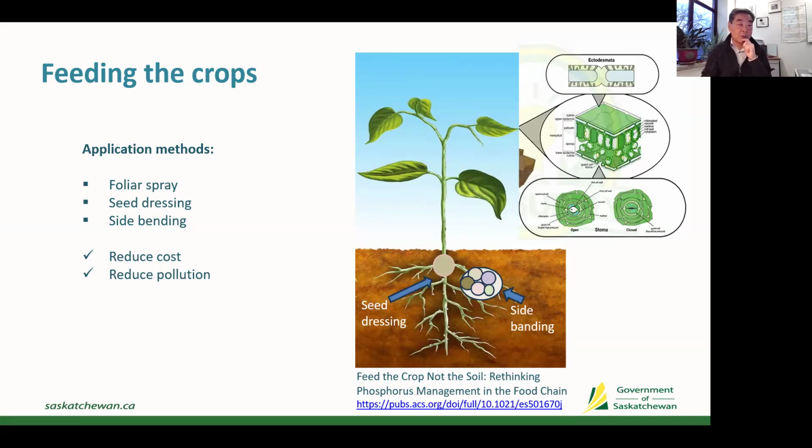access those nutrients. Or you could use a seed dressing or side banding where you seed the crops, which really helps the young plants, young seedlings, to develop their root systems, and that builds the foundation for the crop to deal with unfavorable conditions like drought or nutrient shortage.